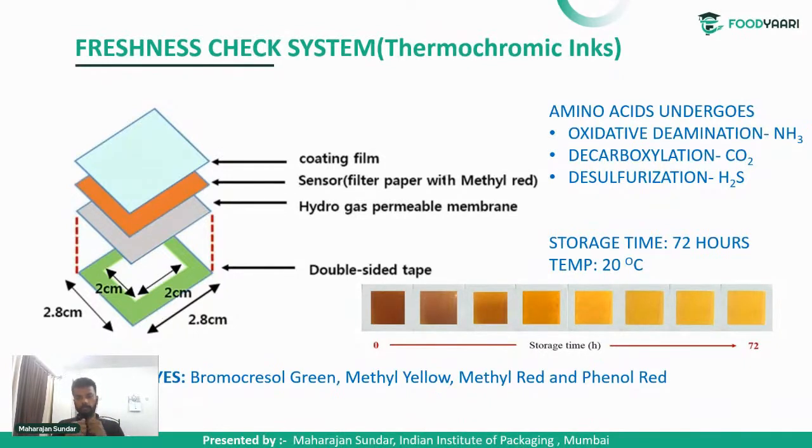Okay, basically here in the given picture, there will be two membranes. Above it, it is generally packed normally. The lower membrane will permit the gas to pass through to the upper layer. The upper layer consists of a sensor. It is not actually a sensor, it is a filter paper.